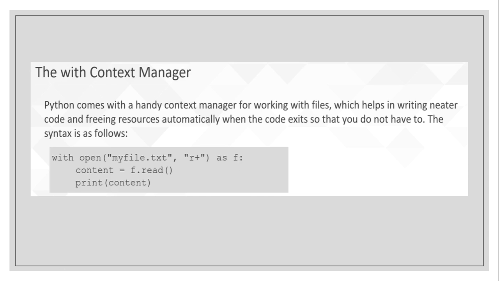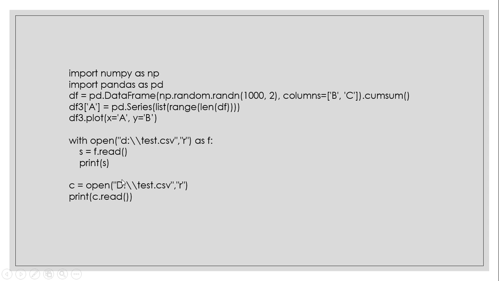It means the scope of this file will automatically open and close internally in the background. So this is the efficient way of working with files, and you won't have a resource problem, in the sense that you won't face any server level issues. This is also a good way, and simply printing that content is another way of reading and printing.